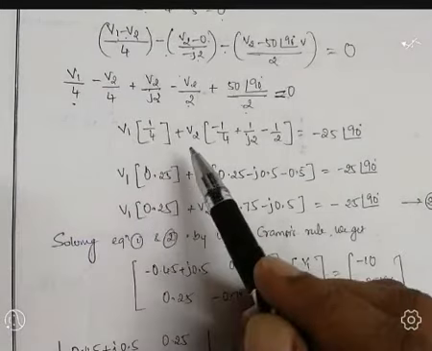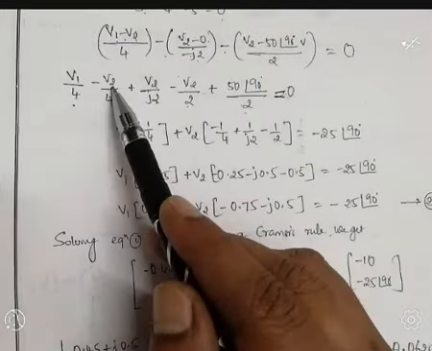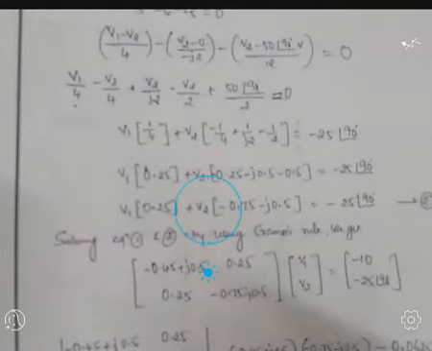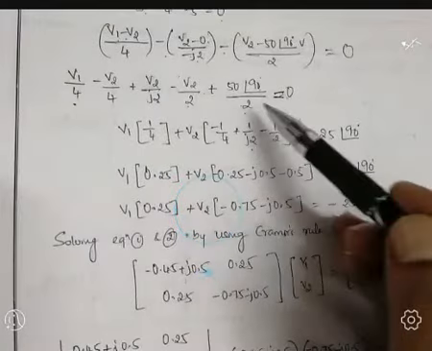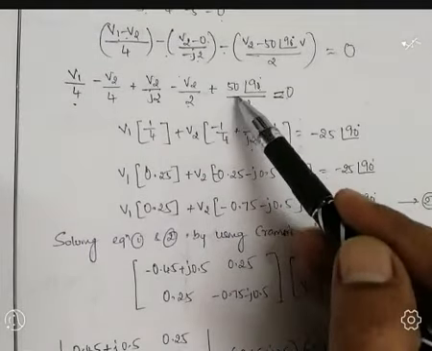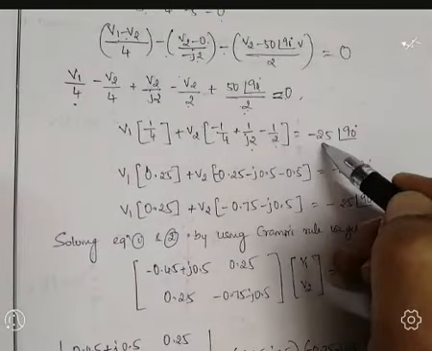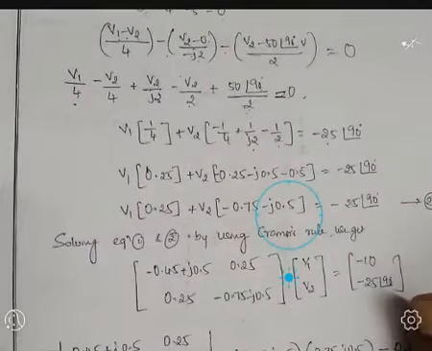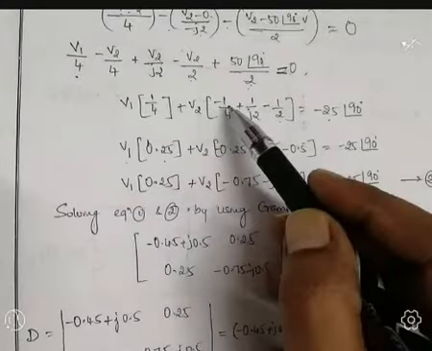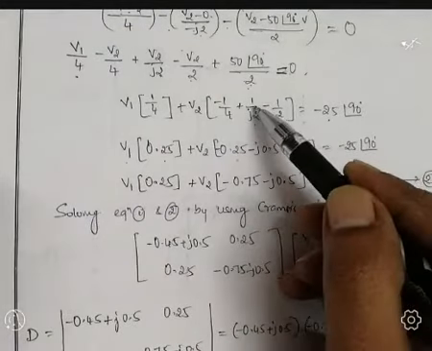Next, for V2, I have taken V2 common outside the bracket, then the coefficients of V2: minus 1 by 4, 1 by j2, then minus 1 by 2, equal to 50 by 2, that is 25. If you take this plus 25 to the right side of the equal sign, it becomes minus 25∠90°. For the simplification, V1 coefficient 1 by 4 is 0.25, and minus 1 by 4 is minus 0.25. 1 by j we can write as minus j.